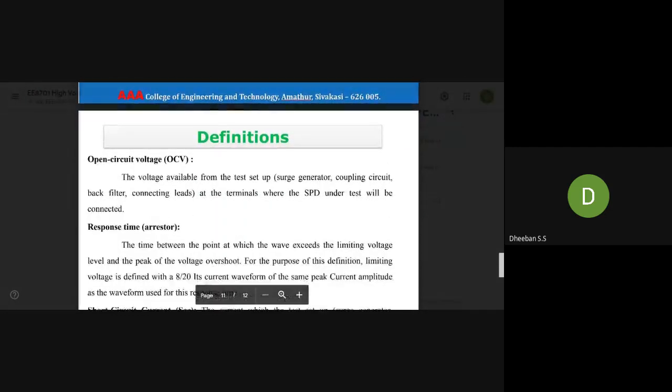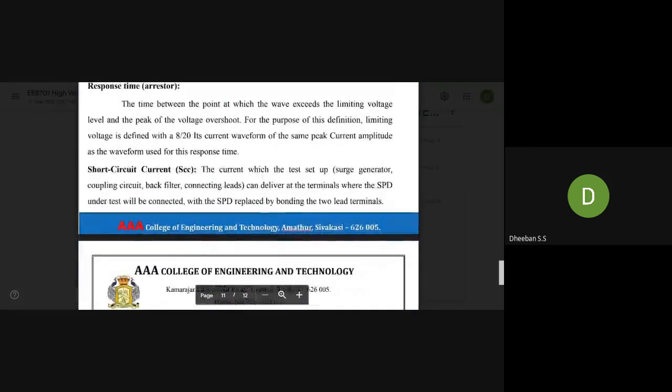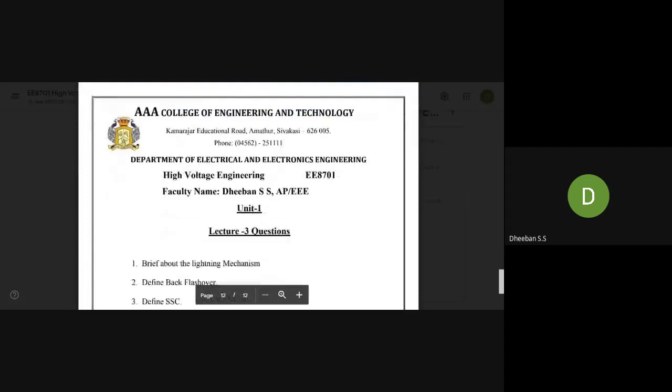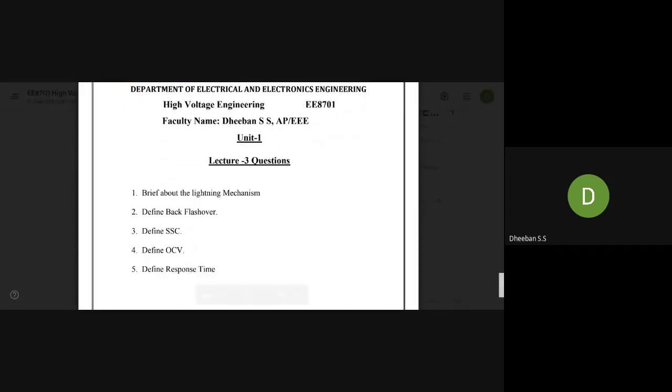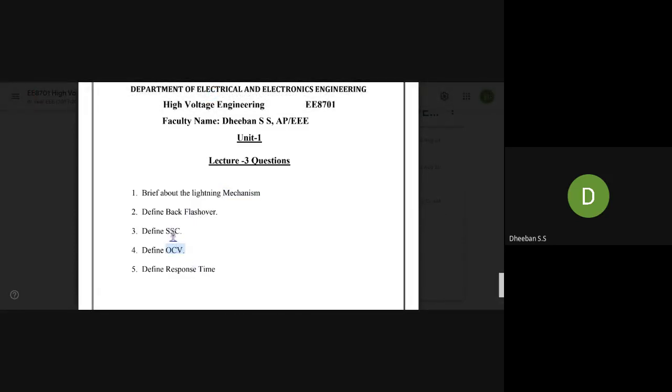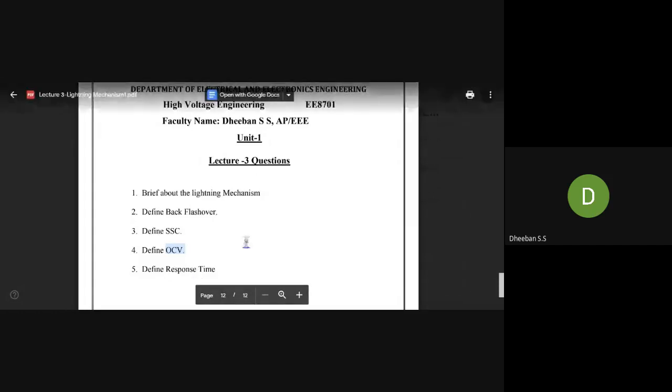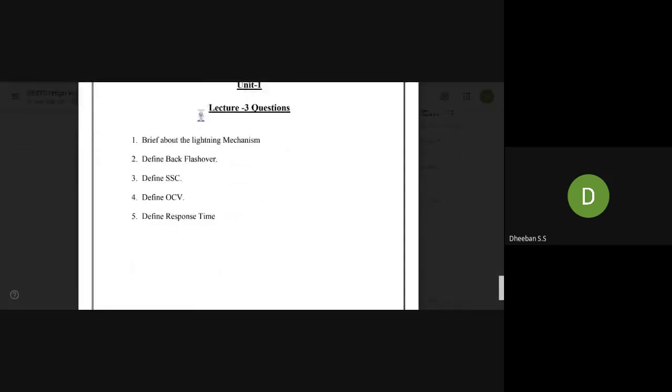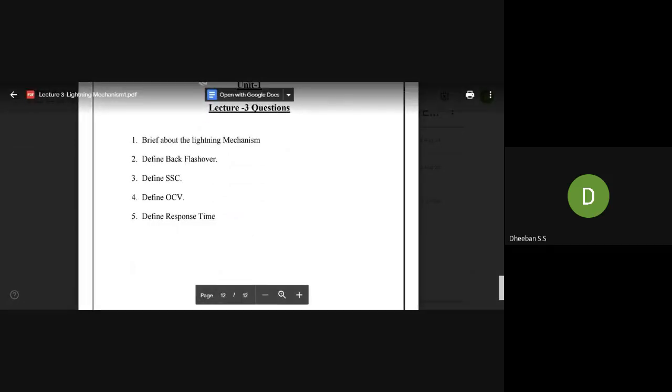What they'll be asking from here is about the lightning mechanism. What do you mean by back flashover? They might be asking that. Other things are open circuit voltage and short circuit voltage, which we will be covering normally. So with this, this lecture gets over.